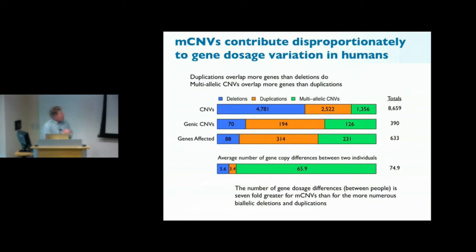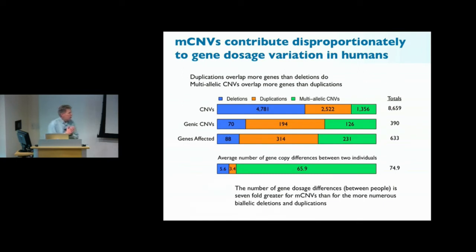When we did this study, we ascertained about 8,000 large CNVs, of which the multi-allelic ones were only a small fraction, like 10 or 15%. But even though they were a small fraction, they were disproportionately found to contain genes.